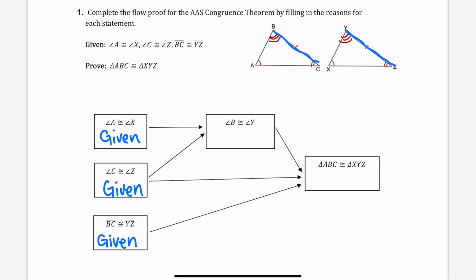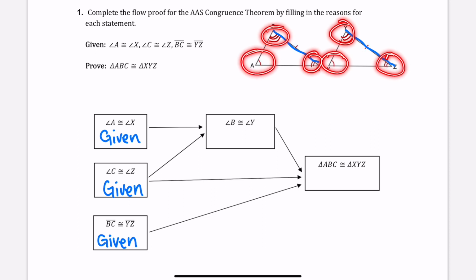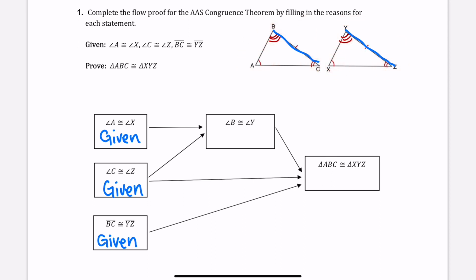Now, because angle A is congruent to angle X and angle C is congruent to angle Z, we have two angles that are exactly the same. Now, we learned earlier that if we have two angles that are exactly the same, the third angle has to also be the same because all triangles add up to 180 degrees. And if you subtract these two angles, it will be the same as subtracting these two angles from 180.